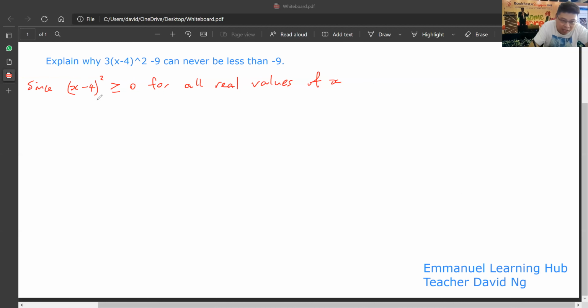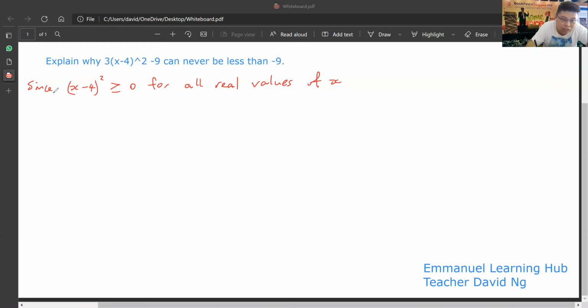this inequality is only valid for all real values of x. That means for imaginary values of x, it's not valid already. That's the reason why you need to include this statement. Very important. If not, mathematically your marker can penalize you.